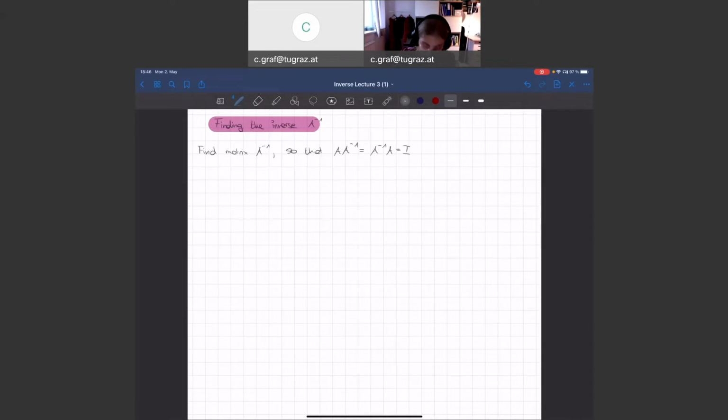Let's recap very shortly the eigenvalue problem. So we know A S_i equals lambda_i S_i with eigenvalue lambda_i and eigenvector S_i. And for now, we just assume that the inverse exists.